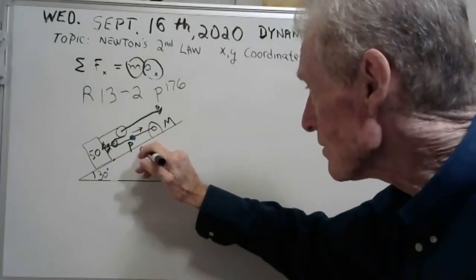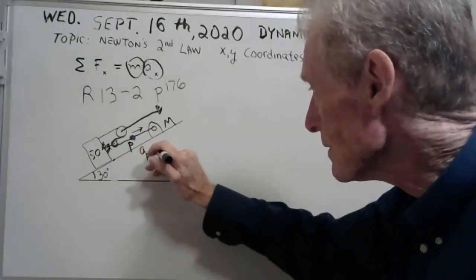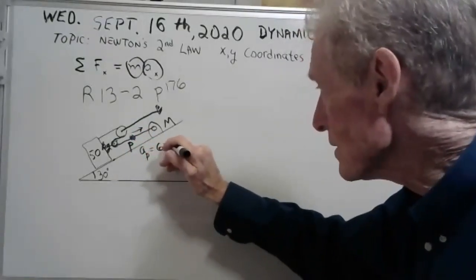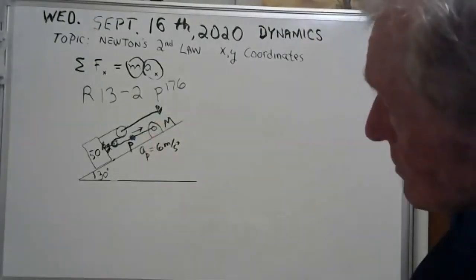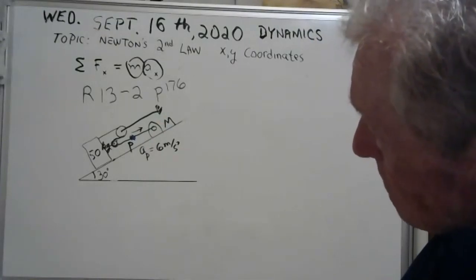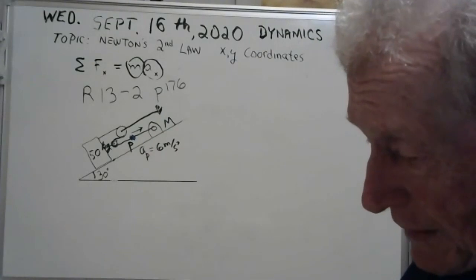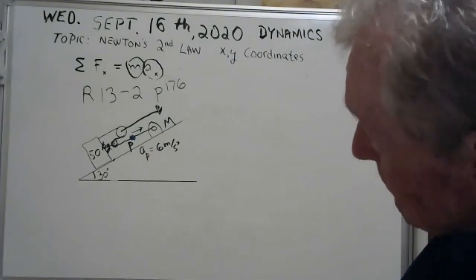The acceleration of that point P is 6 meters per second squared. And it's winding up. It's going into the motor. But we need the relative motion equation.